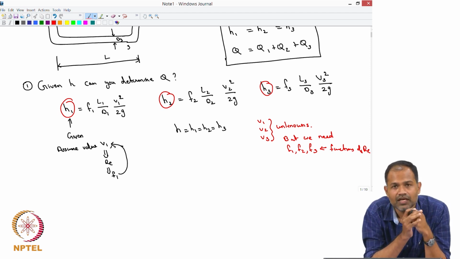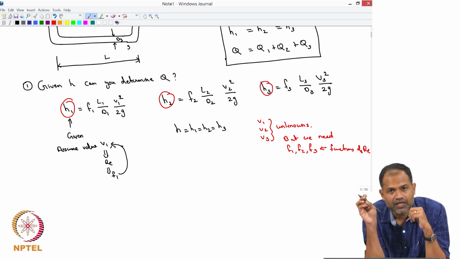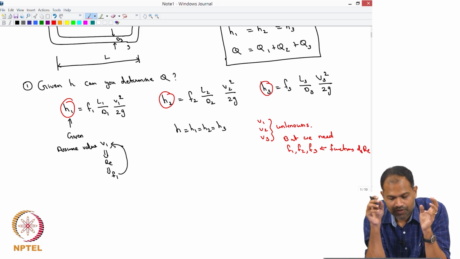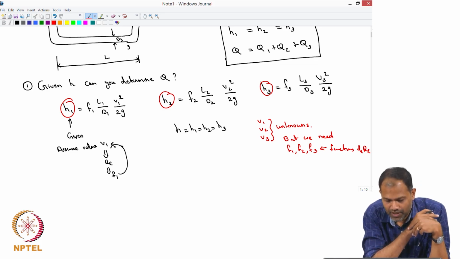So this is really a nonlinear equation. You assume a value of V1, calculate the Reynolds number, calculate F1, and see whether that F1 is actually for the Reynolds number that you have calculated, and this procedure can be repeated.